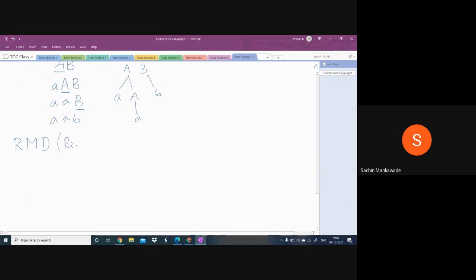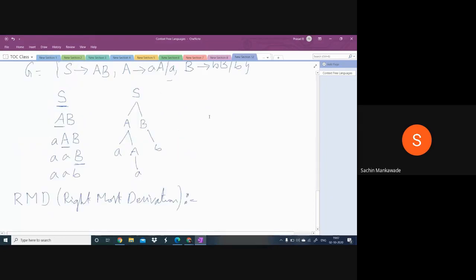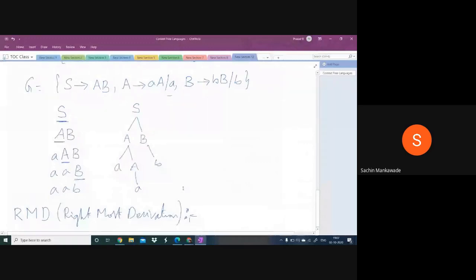Rightmost derivation. Take the definition. Did you copy this derivation and grammar? Yes, sir. LMD. Have you copied this one? Okay, now take the definition for RMD.